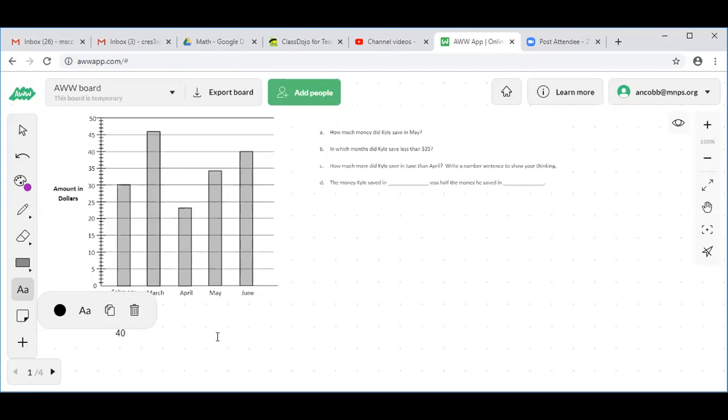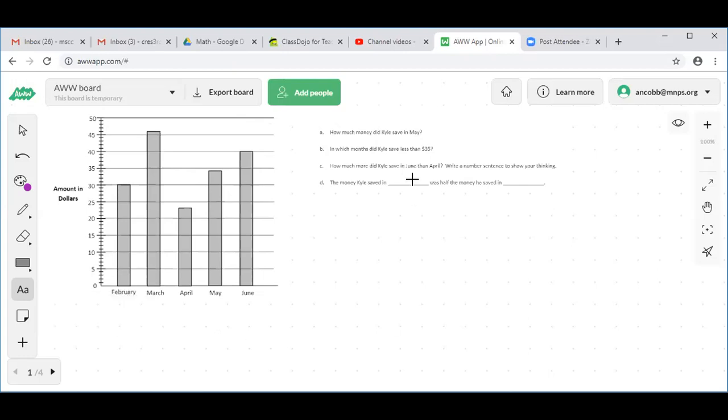And I know that when they say how much more, I'm probably going to have to subtract. So I'm going to subtract the amount of money that was saved in April, which was $23. And when you take away 23 from 40, your answer will be 17. So for part C, it is 17.